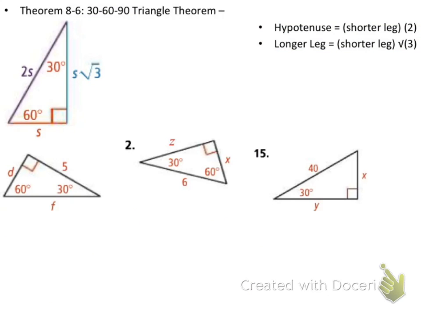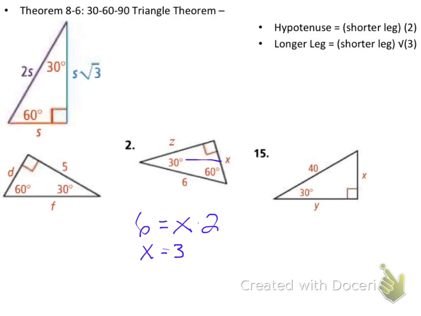For the second one, I'm going to do the same thing. They give me the hypotenuse, so I'm going to use the top equation. So it'll be 6 is equal to shorter leg times 2. Shorter leg is x, x times 2. Divide by 2, so I get x is equal to 3. Once I know my shorter leg is 3, then I can use the bottom equation.